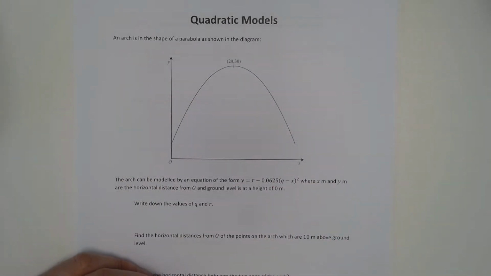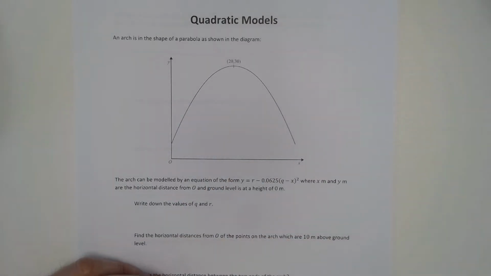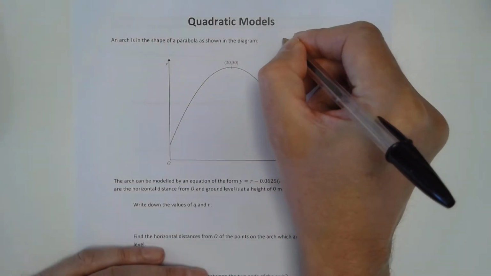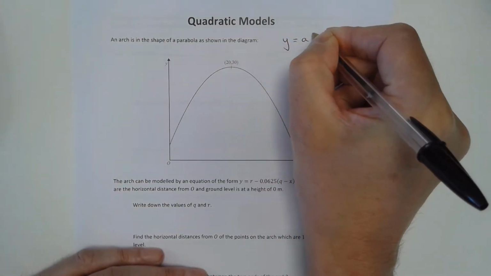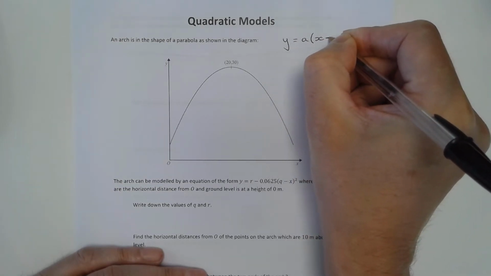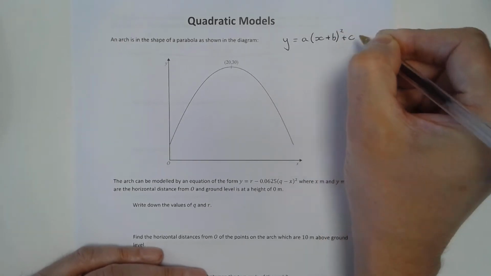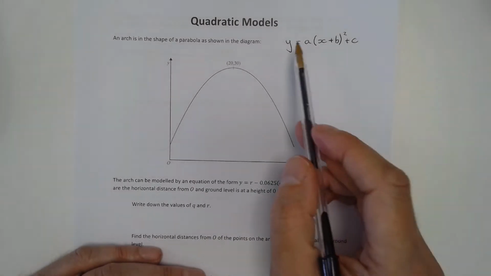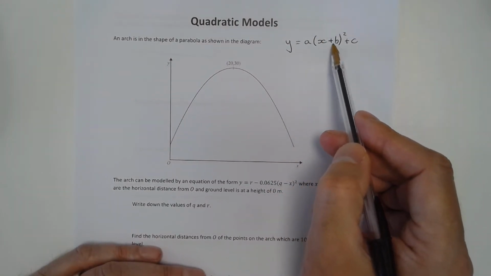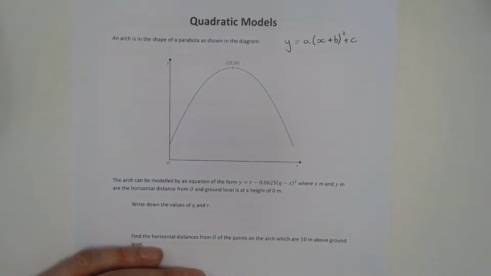Now the thing to be aware of is that if we have a quadratic, there are various forms we can put it into, and one of those forms is the completed the square form. So if I can get my equation into the form y equals something multiplied by x plus or minus something all squared plus or minus something, then that is the completed the square form.